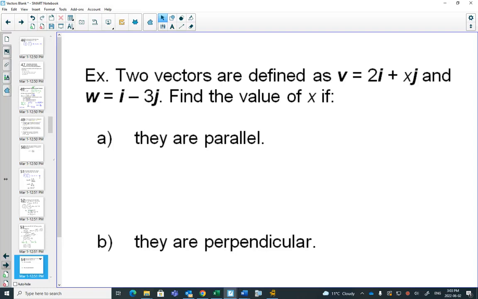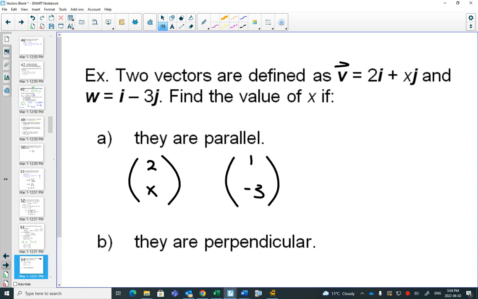This is our last question. Two vectors are defined as vector v, 2i plus xj, and w, i minus 3j. Find the value of x if they're parallel. So if they're parallel, that means v, which is 2 and x, and w, which is 1 and negative 3, have to be multiples of each other, meaning that they're equal if you put some value of k there.